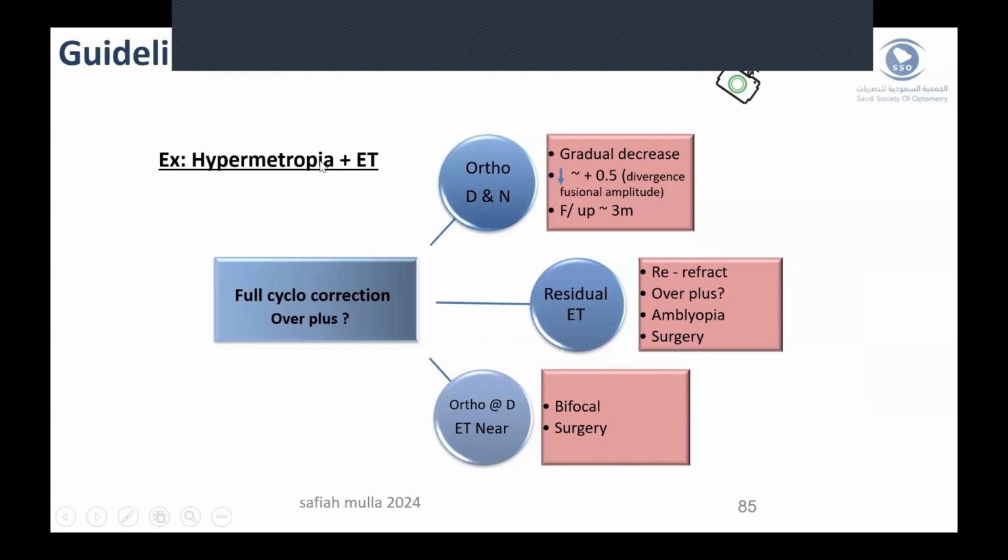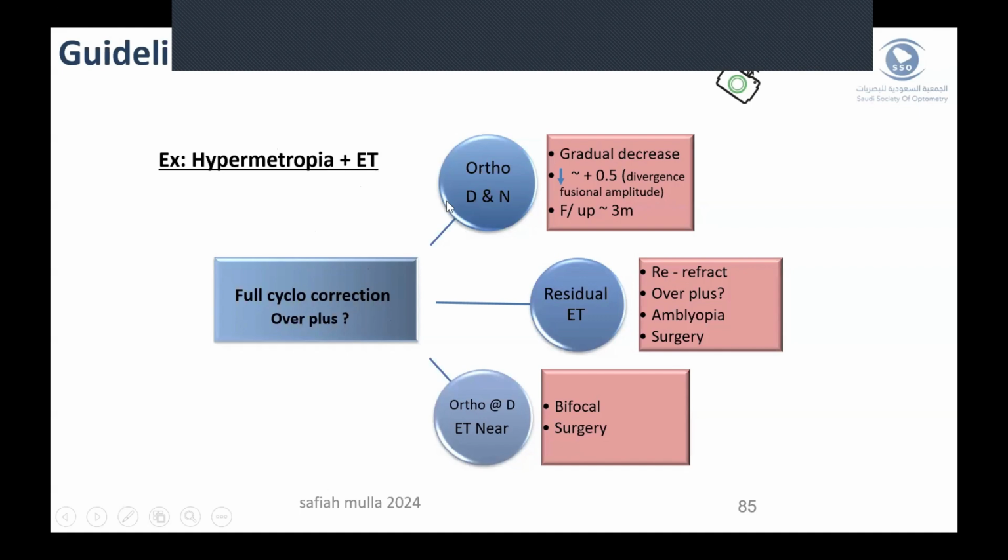Because he has hypermetropia and esotropia, which shows there's a strabismus, then we will give the full cycloplegic correction for the kid, and we may overplus him because we want him to get out of that esotropia. We want to control the accommodation so the child gets out of that esotropia. We relax the accommodation. So let's say we give the glasses to the kid with the correction.